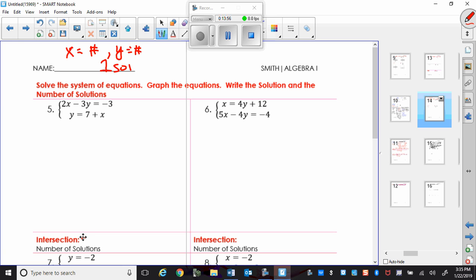If you're getting a number equals a number, you either have no solutions or infinite solutions, and we will revisit that type of thing fairly soon, so I'm not super worried. But just no solution or infinite solutions. So I think one of these falls along those lines.